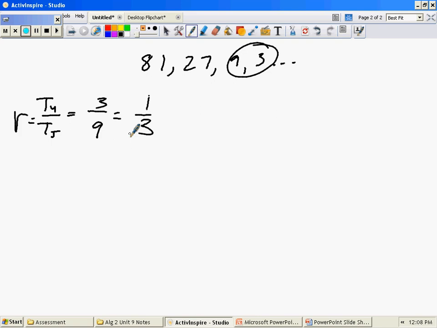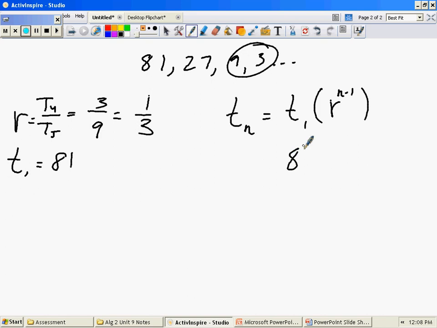Okay? Now what we're going to do is identify T1. What's T1? 81. So now we're ready to plug it into the nth term formula. So here's the nth term formula. What is T1? What is R?